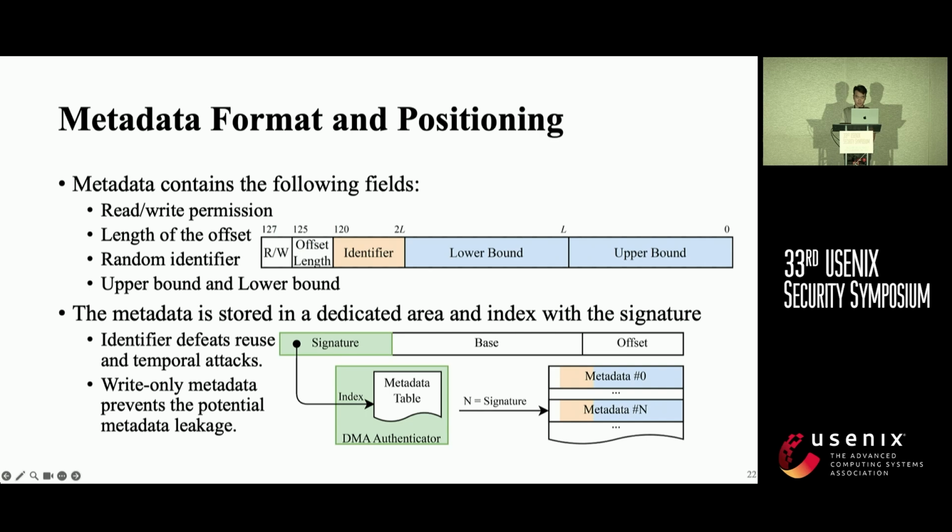When the signed DMA pointer reaches the bus, the hardware authenticator uses the signature to retrieve the metadata. It then checks if the pointer is within a legal DMA buffer using the bounds and recalculates the signature to verify if the pointer has been forged by the peripheral. The identifier in the metadata is randomized after remapping and is write-only to prevent any leakage.